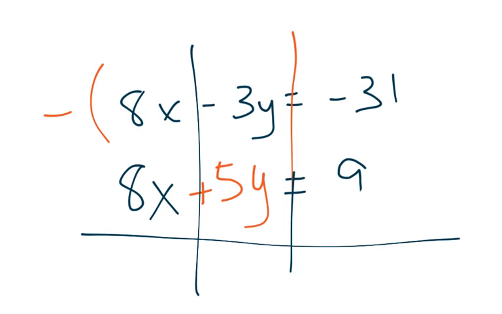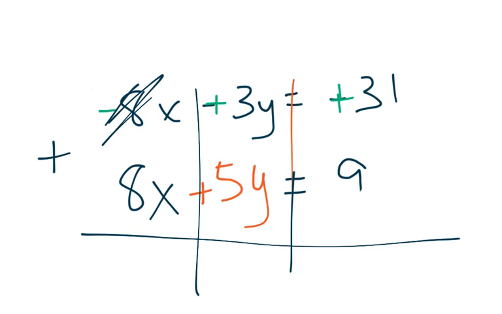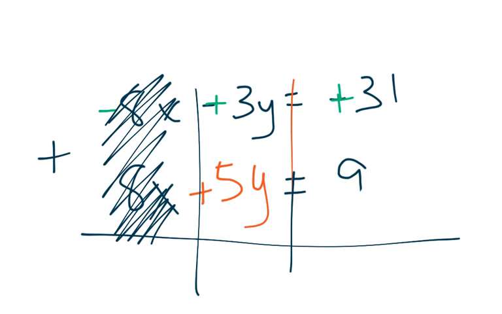So if we multiply everything up here by -1, or distribute a negative, this will be a -8x, this will be a +3y, and this will be a +31. So we multiplied that top equation by -1. And now, if I add, the 8x's will go away. They'll become 0x. Then I get 8y equals 40.